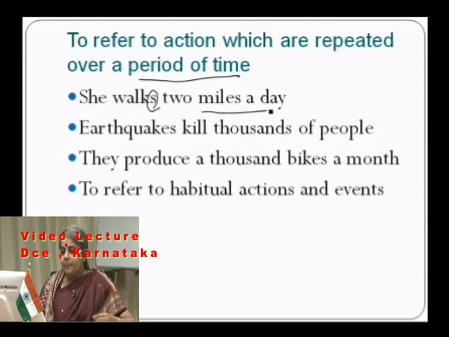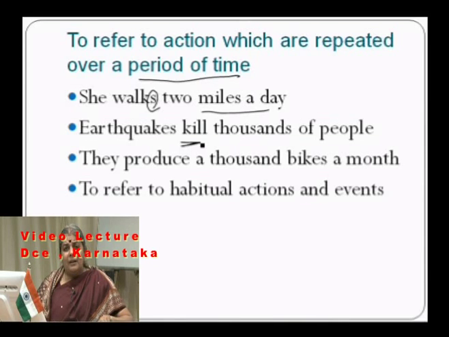Second example, earthquakes kill thousands of people. Now look at the word kill. Earthquakes is in plural. That is in which form? They form. Kill thousands of people. Now here also this is a nature, a habitual event that happens in a very common way.